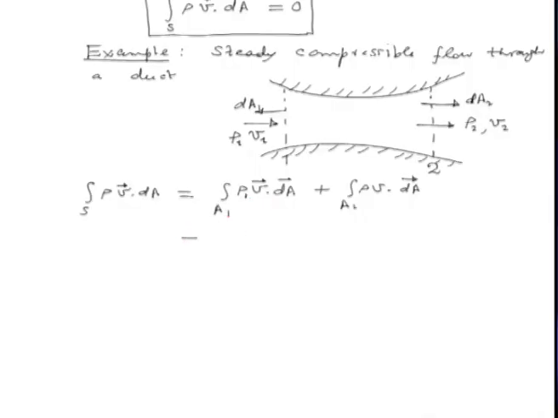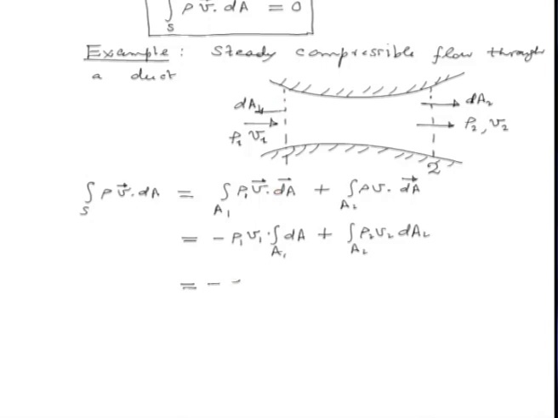Now this rho v dot dA at station 1 will be given as minus rho 1 v1 times the integral of dA over A1, plus rho 2 v2 times the integral of dA over A2. Please note that this negative sign comes because the v and dA vectors are anti-parallel at station 1.